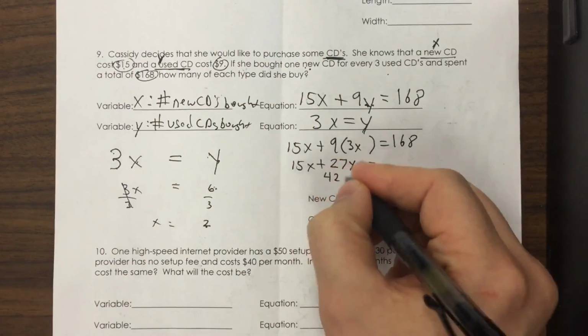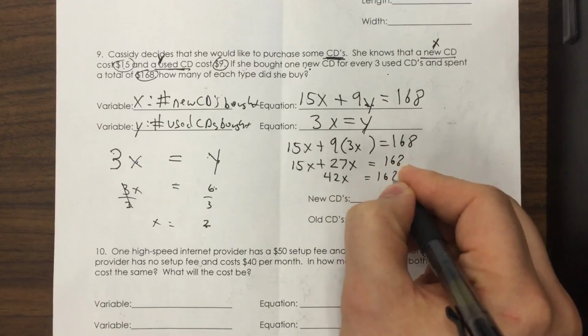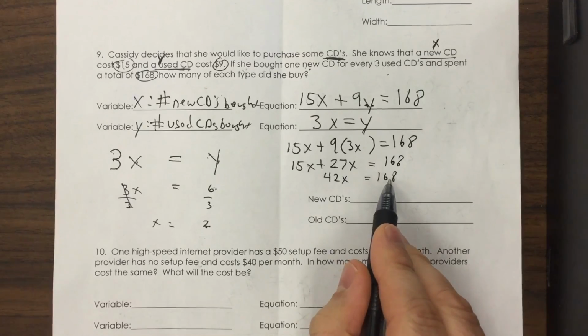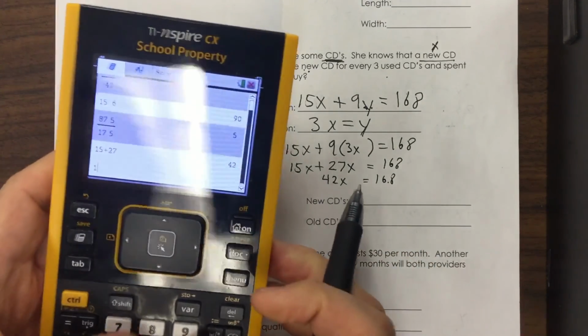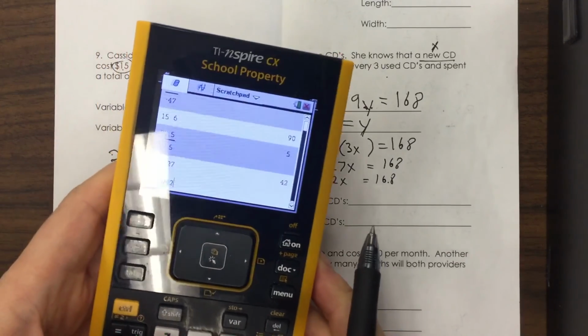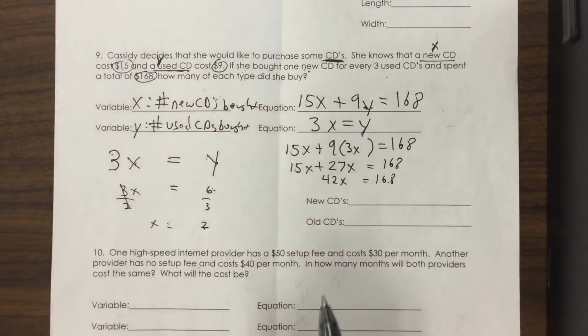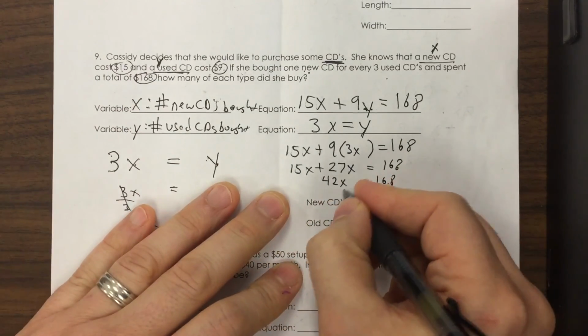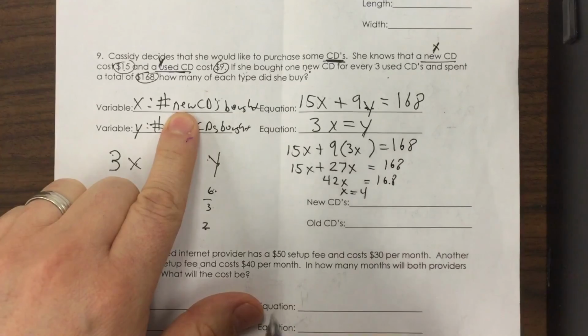42x equals 168. I divide by 42 to get x by itself, and I get 4. So x is equal to 4. What does that mean? It means she bought 4 new CDs.